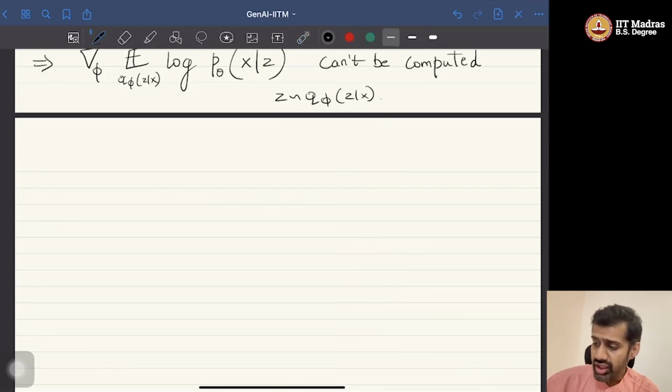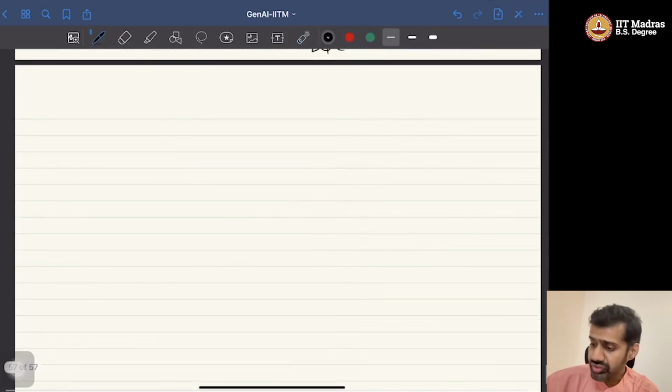To solve this, the authors in the original VAE paper propose a solution called the reparameterization trick.